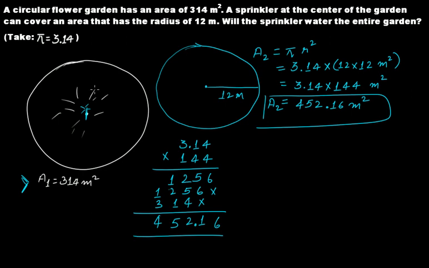Surely the range of this one will be something here. This water will come something here outside it, because the radius of 12 meter will be the larger one. So the area of the garden is actually smaller than the area covered by the sprinkler. Then clearly yes, it can sprinkle the entire garden.